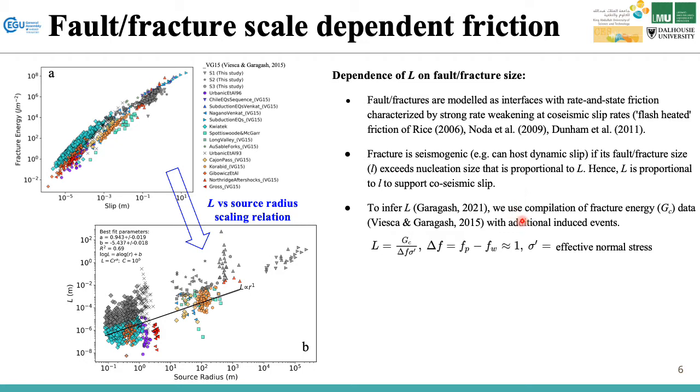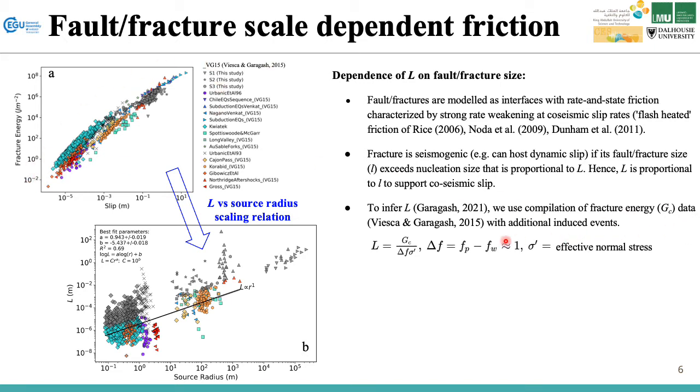So how do we infer the scaling relation of L to fracture size? We follow the analytical solution relating fracture energy and characteristic length L provided by Garagash 2021. We use the compilation of fracture energy data from Viesca and Garagash 2015, plotted with slip, with additional induced events denoted by colored symbols in this figure on the left.